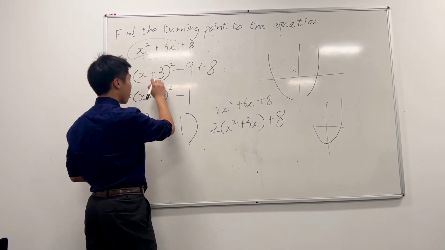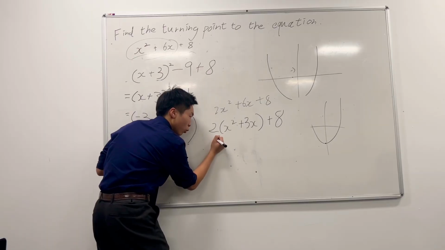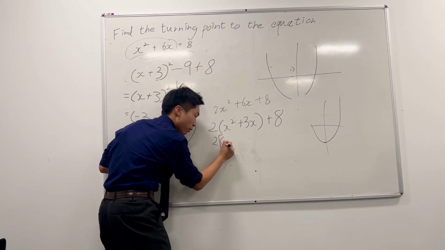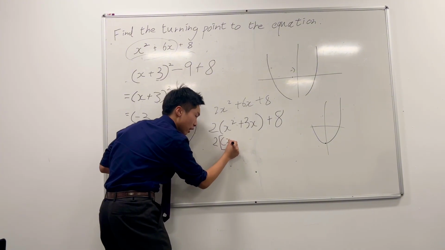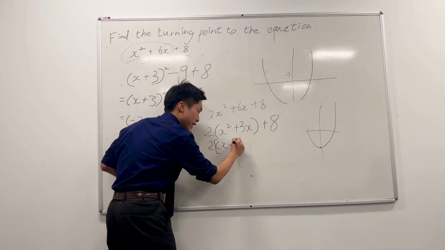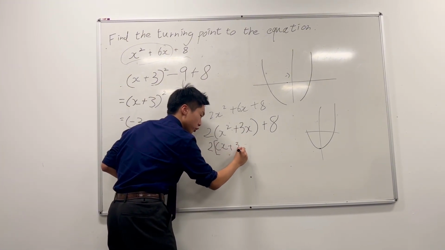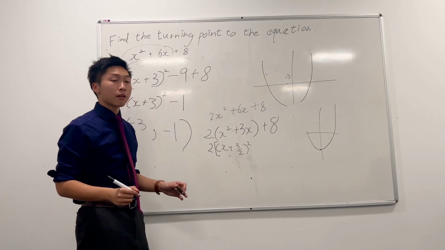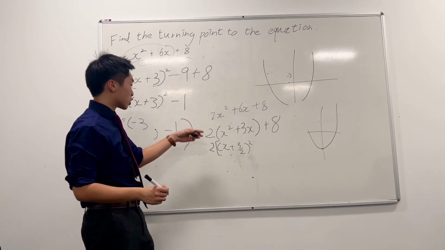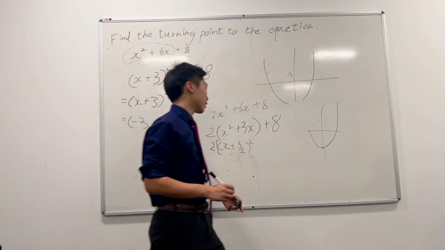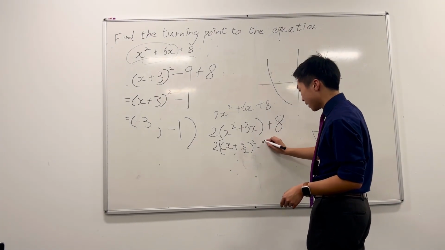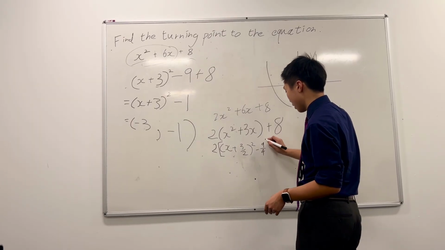And then you repeat the same process as before. So what you do is 2, big bracket, small bracket, x plus 3 divided by 2, because you half this, squared. And don't forget to minus the square version of whatever is in here, which means this will be minus 9 over 4.